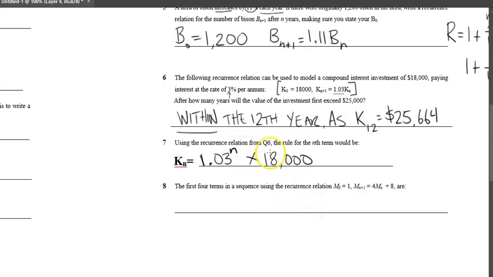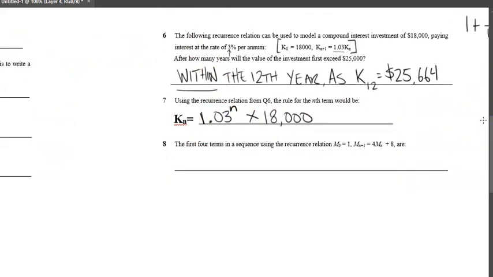And all this is saying here is, all right, if I want to know what the value of this investment is after maybe 60 years, all I'll need to do is work out what 1.03 to the power of 60 is and multiply this by the initial amount, 18,000. You don't have to rely on what the 59th is, or the 58th, or the 57th, etc.